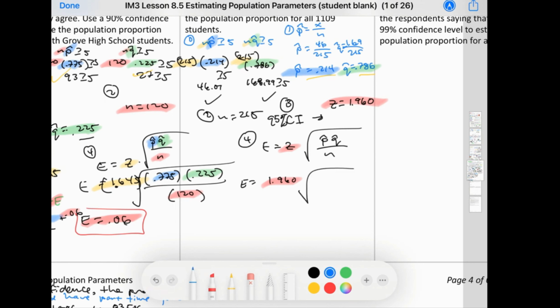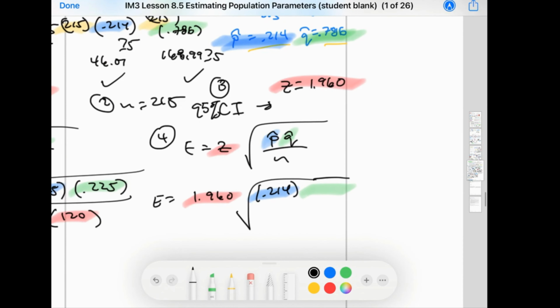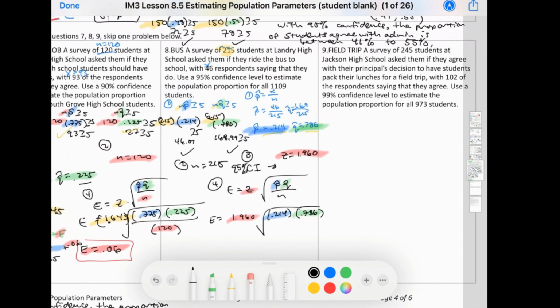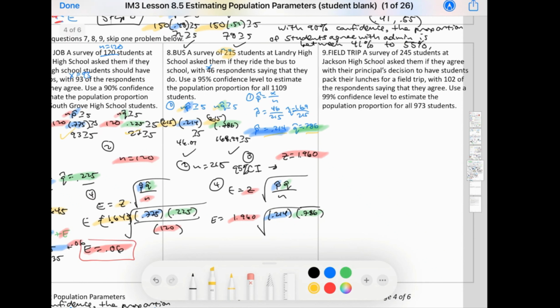My P hat is blue. Did it again. I always do that one, huh? There, there, there. And so 0.214, 0.786, and our N value we highlighted in yellow that came from the 215 up here.